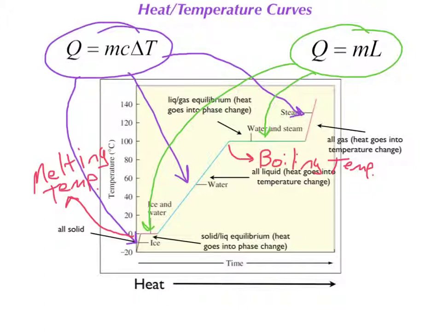From all this, we could take a certain amount of a substance in solid form and figure out how much total energy it would take to get it to begin boiling, or to get all the way to becoming a gas, or go in the reverse direction as well. We're going to see examples of this more in class. We'll see you then.